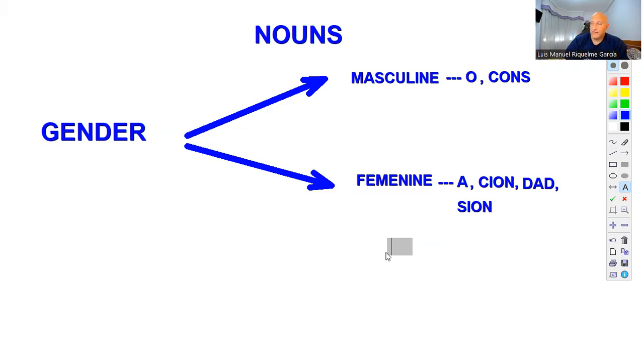What about words ending with a final E? Are they masculine or are they feminine? Well, they can be both masculine or feminine. Final E, it's always going to be a guess. So, for example, let me think.